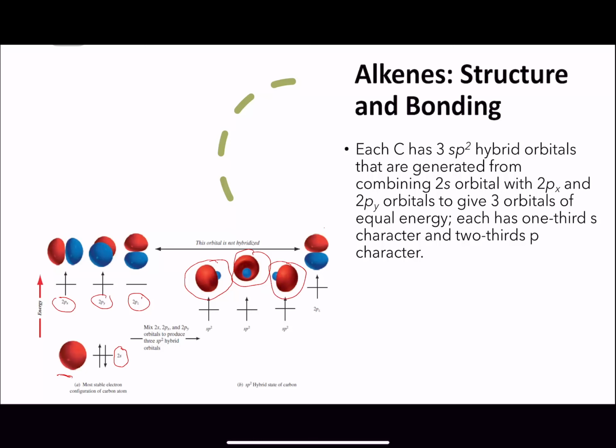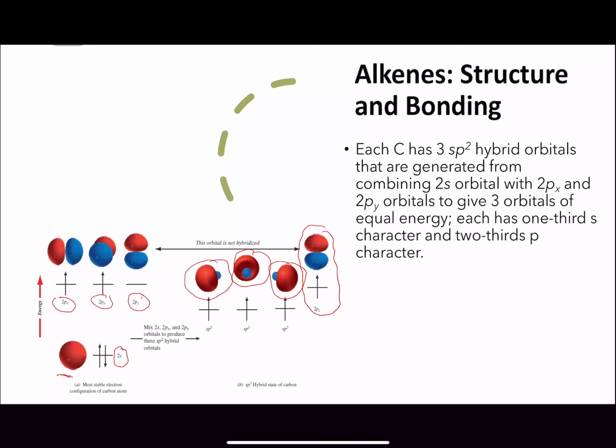The unhybridized ones each have 2 equal lobes, but the hybridized orbital has 2 lobes which are not equal in size. Each of the 3 sp2 orbitals will have 1 electron, and the 2p orbital remaining, which originally didn't have any electrons, now has 1 electron as well. So we end up with 3 equivalent sp2 hybridized orbitals and 1 p orbital.